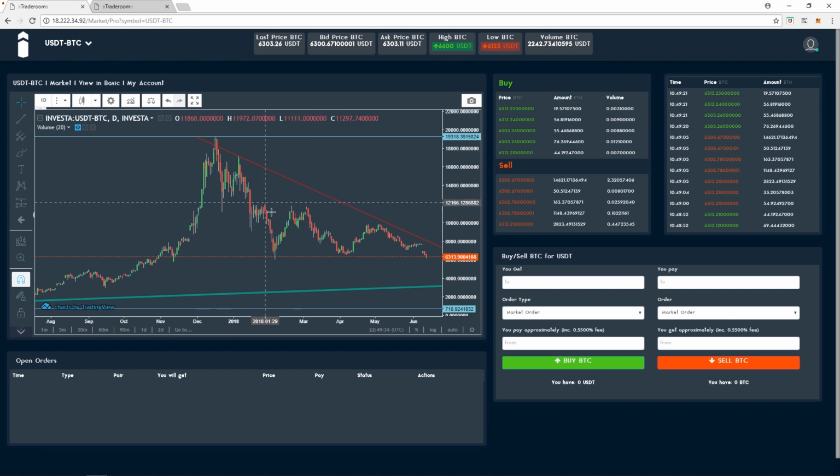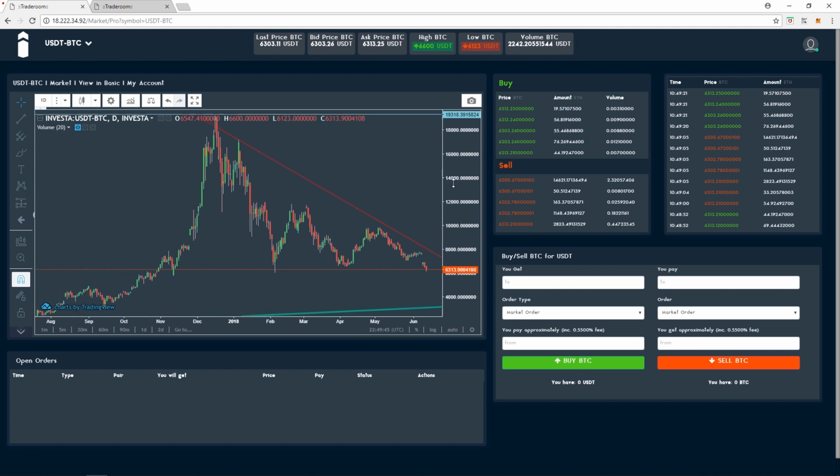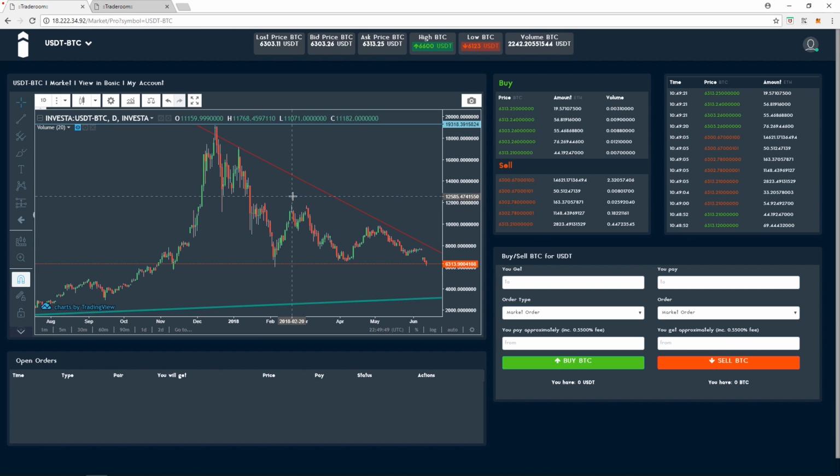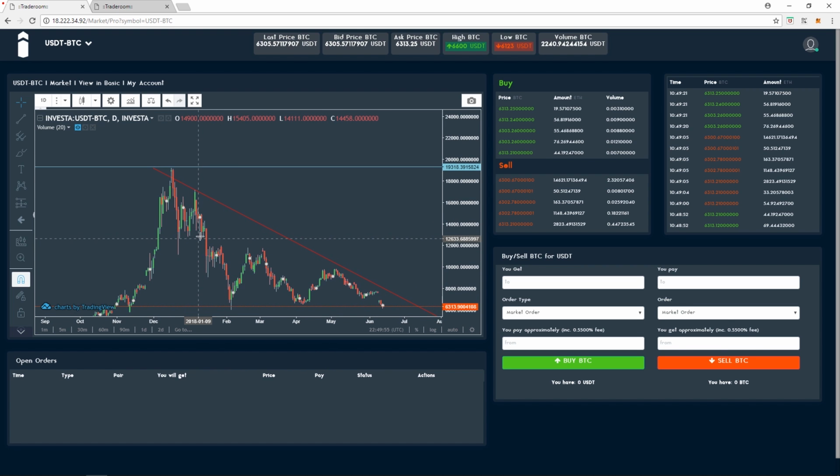It goes up and down depending on a lot of factors. Mainly two of the biggest factors that you can put into place: technical analysis, of course, and fundamental analysis. In fundamental analysis, you have several other issues.